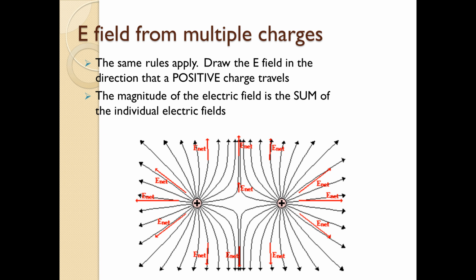That's going to be true even when I have multiple charges. Here I have two equally large positive charges. The field lines for these positive charges go away from each charge, and on the sides, it looks like you would expect.